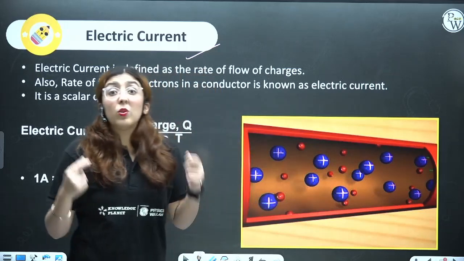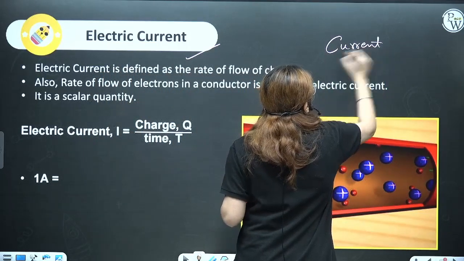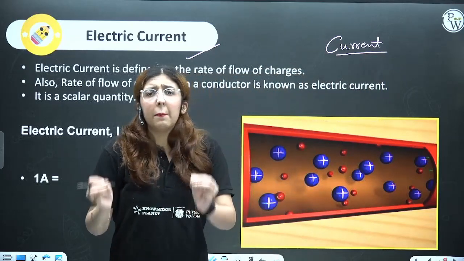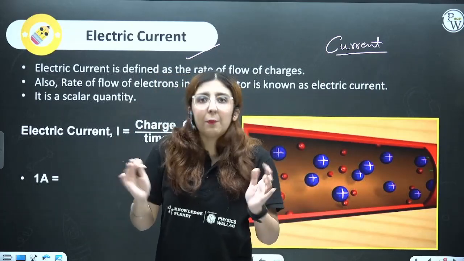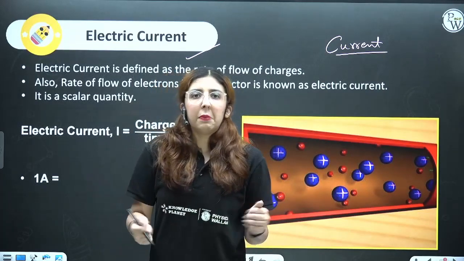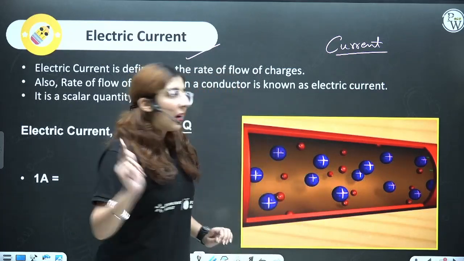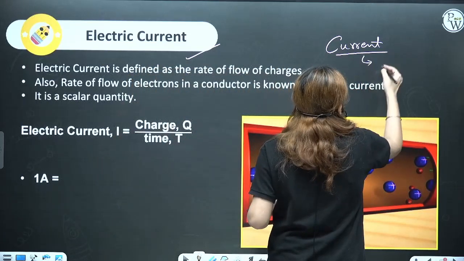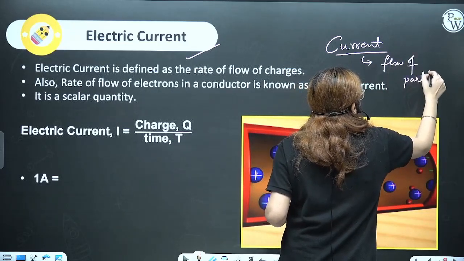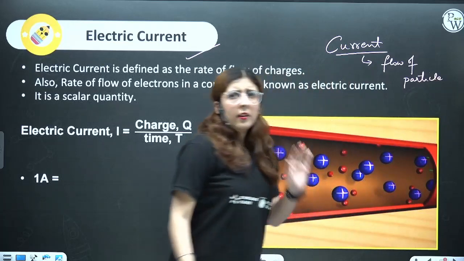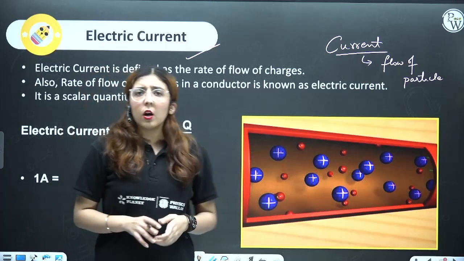So when we talk about current as such, current in simple terms is nothing but a flow. Flow of particles. I am not concerned what particle it is, be it electron, water particle, or air particle. Flow of particles, or rate of flow of particles. So current can be air current, water current, or electric current also.